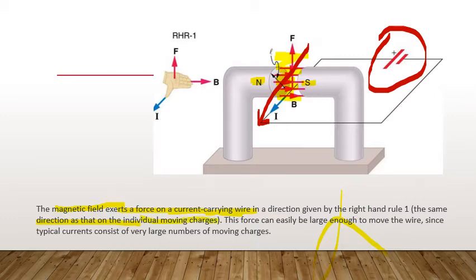This force can easily be large enough to move the wire, since a typical current consists of a very large number of moving charges. So if the current is in the upward direction and the magnetic field is from left to right, then there will be a force in the upward direction using the right hand rule.